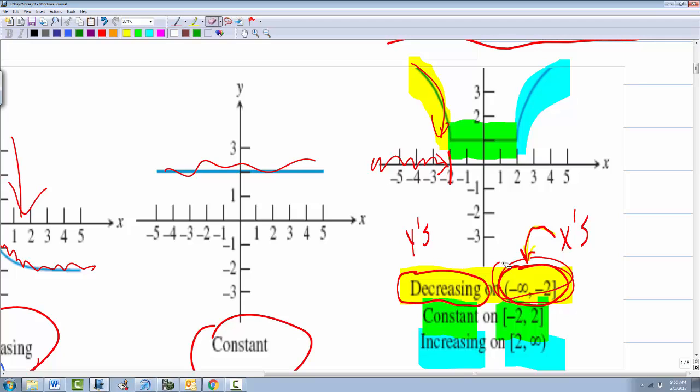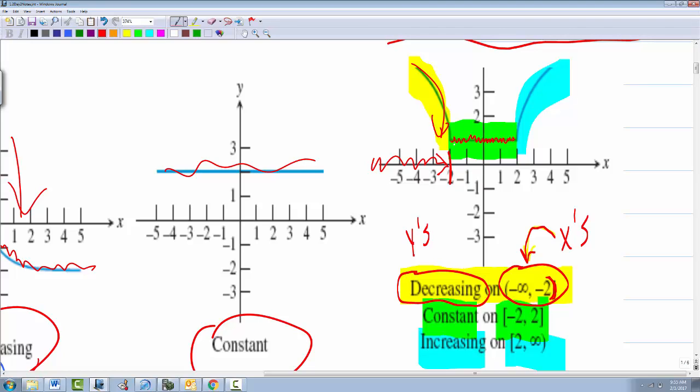Now, don't put a bracket on this. Here's why. At negative 2, there's a change in direction. You don't really include negative 2 as part of the decreasing. At negative 2, there's a change. So you really should have a parenthesis there. Some books put brackets, some put parentheses. Lockport made a philosophical decision that it should be a parenthesis because of that idea.